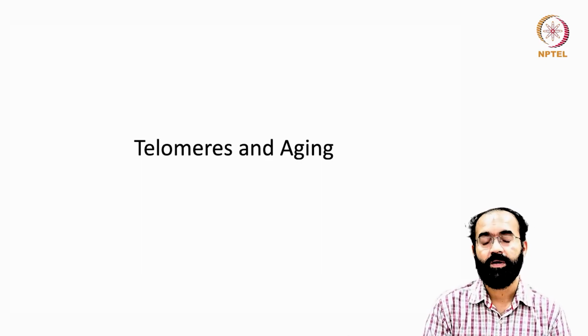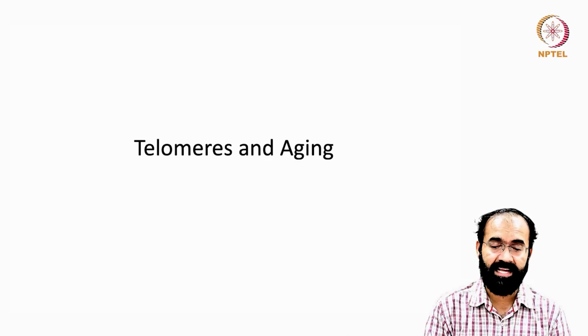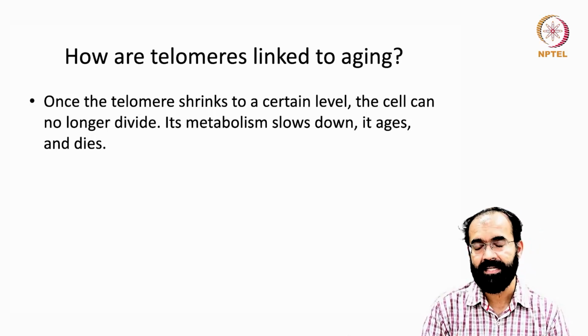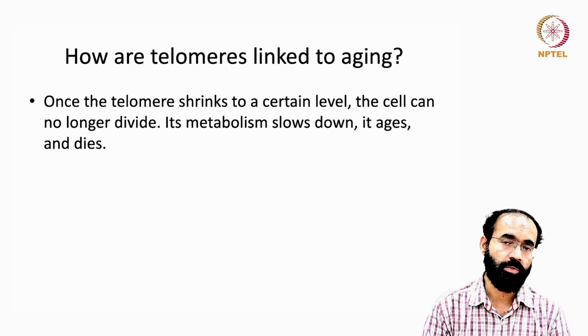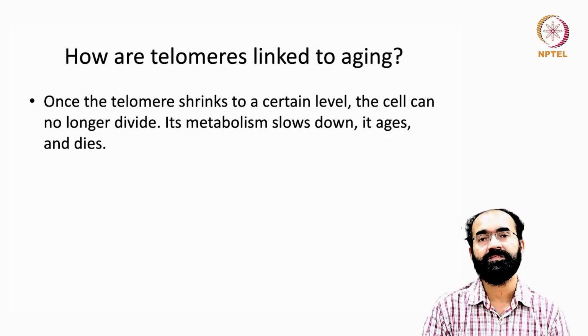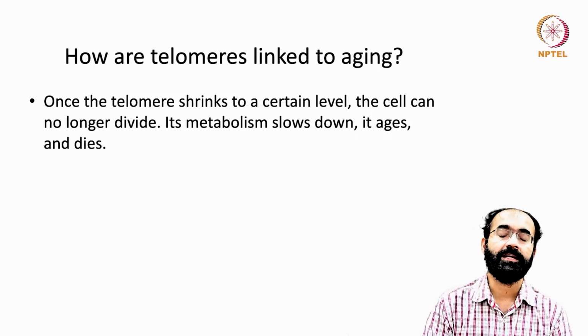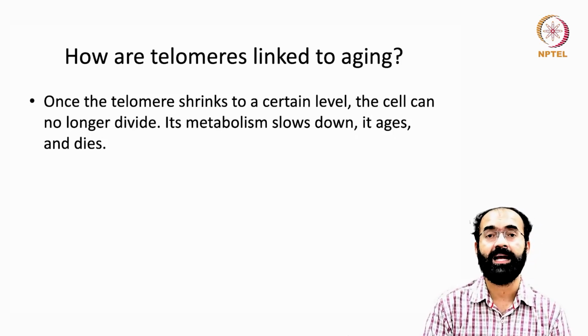So let us see the role of telomeres in aging. How are telomeres linked to aging? We should understand that aging has nothing to do with the calendar age. Calendar age is something which nobody can stop, but what one can do is change whether your body is reflecting the calendar age.